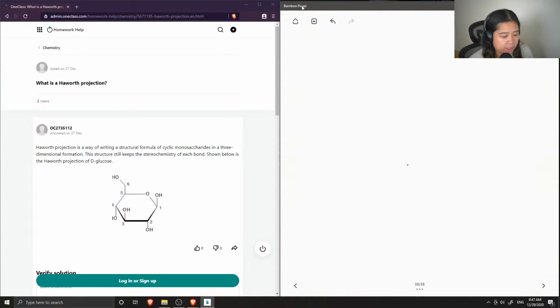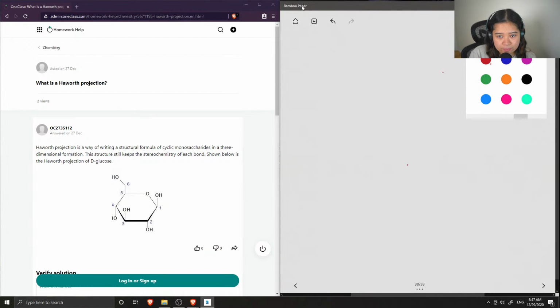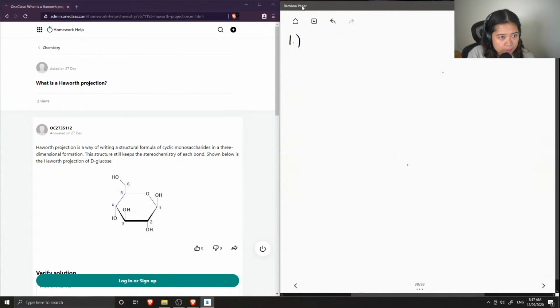Okay, so question 1 just asks, what is a Haworth projection? Okay, so a Haworth projection is typically used to depict cyclic sugars.